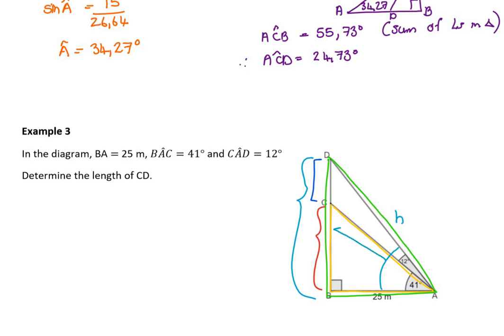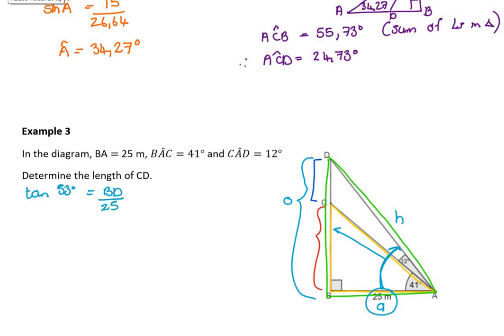Opposite would be the DB, and this would be adjacent. Now that means I've got my adjacent side and I'm looking for my opposite side. And so opposite and adjacent would be a ratio of tan. So tan of my 53 degrees, because it's the full angle over there, would be equal to opposite, which I don't know, that is BD, over adjacent, which is 25.